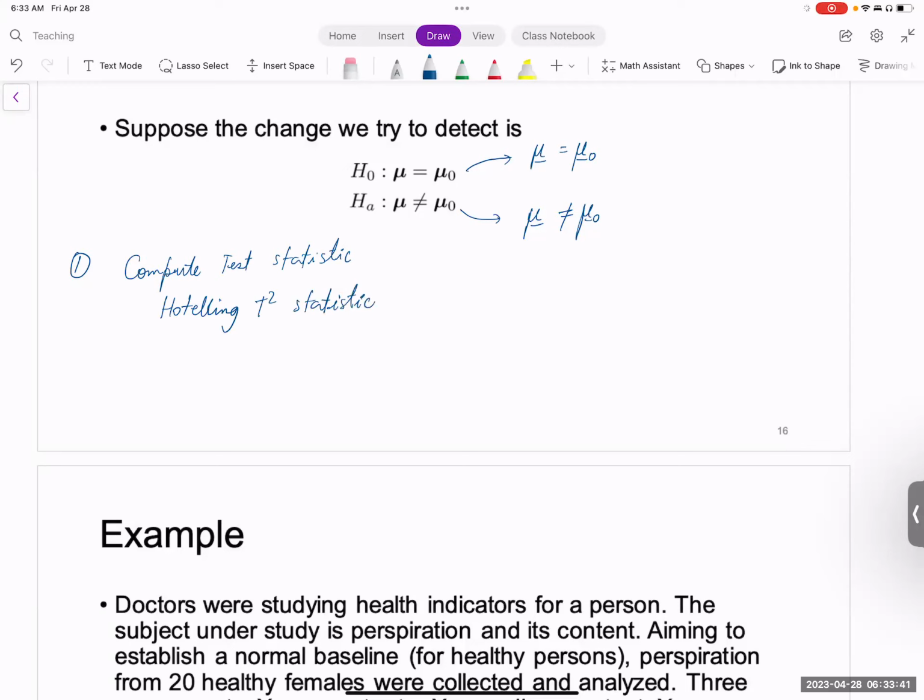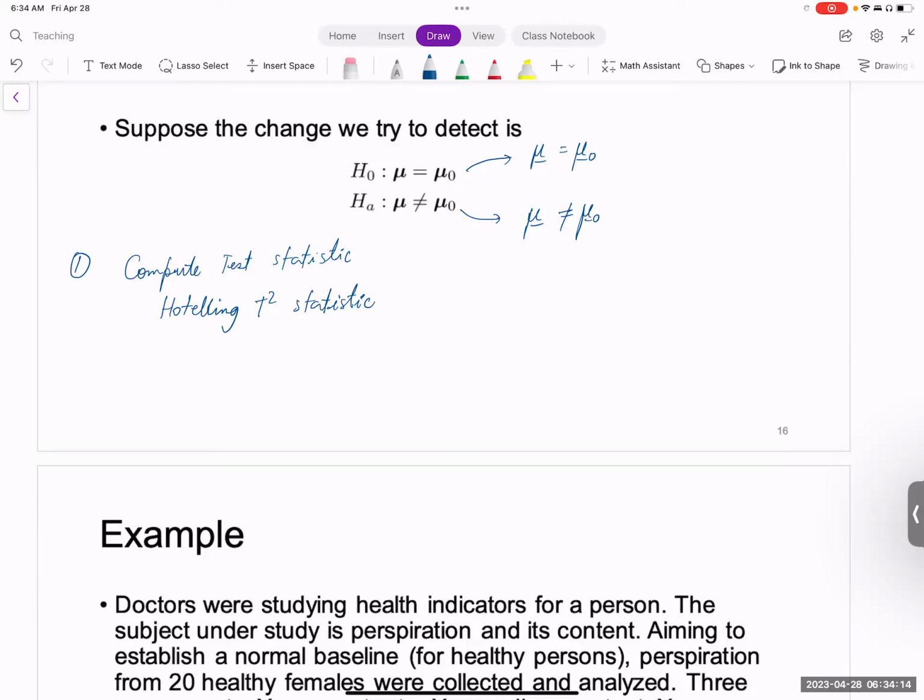One thing to keep in mind is that anything you do in multivariate statistics, you will always compute a Hotelling t-square statistic, always. But the formula for the Hotelling t-square statistic will keep on changing. It's not like univariate where you have a t statistic, z statistic, f statistic. In this case, you always have a t-square statistic. It's just that the formula for t-square will change depending on the scenario.